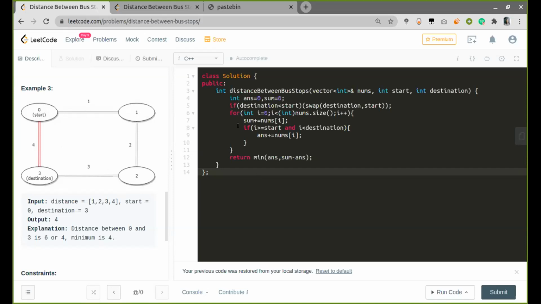Now in the for loop, since the start value is 0 and the destination value is 3, I am traversing from start to destination minus 1. So here from 0 to 3 will be 0 to 2 only. So 0 to 2 in the cost vector. So it will be 1 plus 2 plus 3.